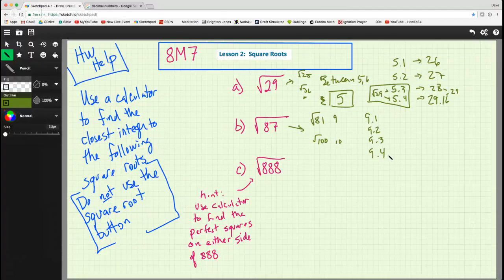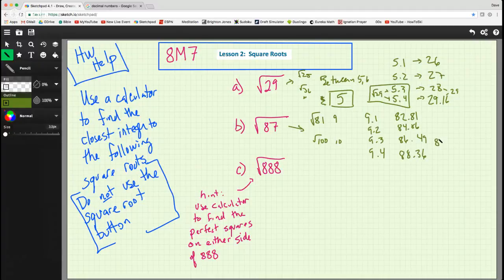9.1 squared is 82.81. 9.2 squared is 84.64. 9.3 squared is 86.49. And 9.4 squared is 88.36.